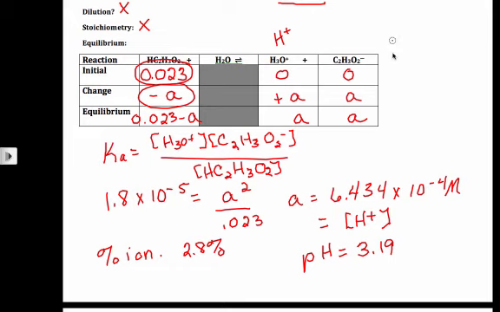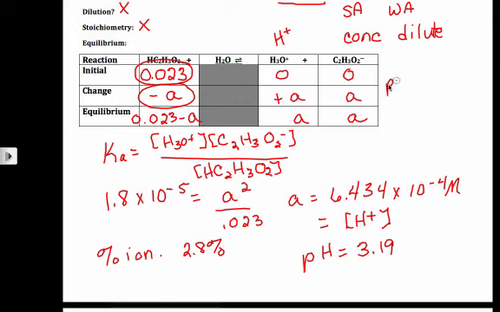Now, one last comment before I leave you here. I want you to be really careful that you don't mix up the terminology strong acid versus weak acid and concentrated versus dilute. Now, in our examples, we had the exact same concentration of strong and weak.